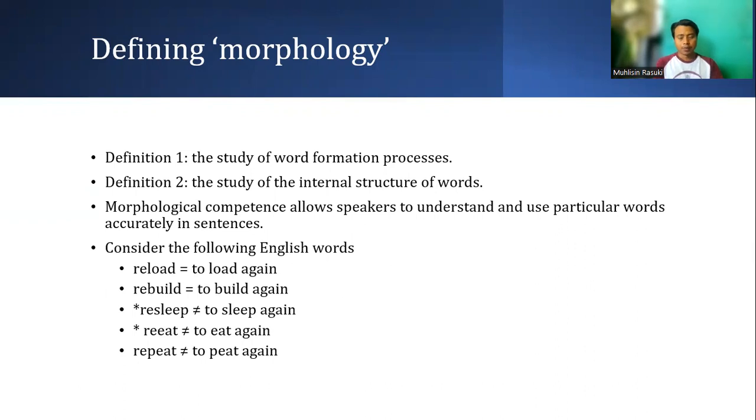But as these examples show, although the morpheme re is usually used with particular verbs to mean the action is performed again, it cannot be used with all verbs. So the use of re is applicable only with particular verbs, such as re-sleep. It does not mean to sleep again. Re-eat. It does not mean to eat again.